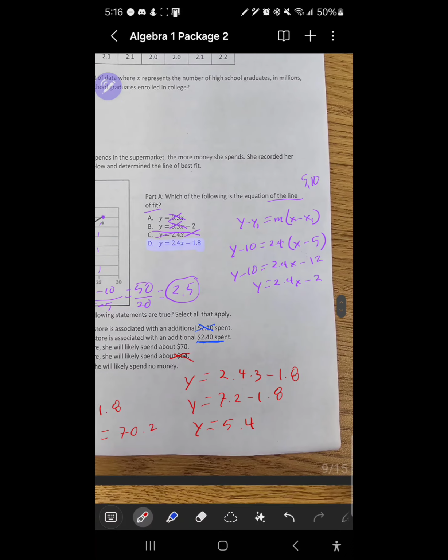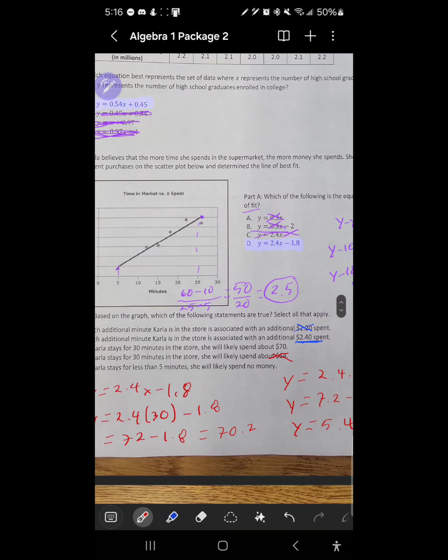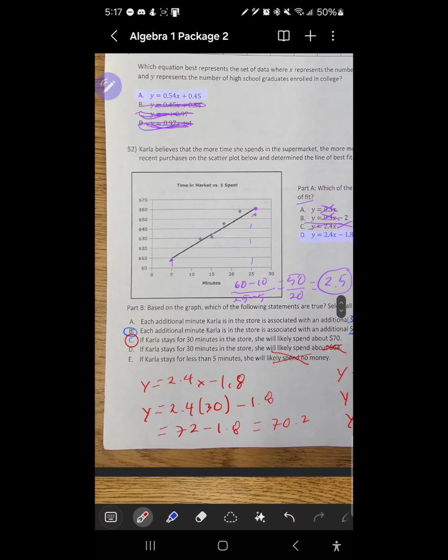If we substitute the x by 1, we get 2.4 times 1, which is 2.4, minus 1.8, which is still 0.6. So even if she spends 1 minute in the store, she's likely, based on the line of fit, to spend money. Therefore, this is false, and our true statements are B and C.